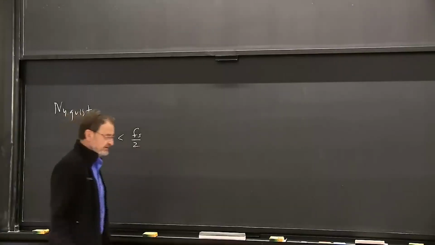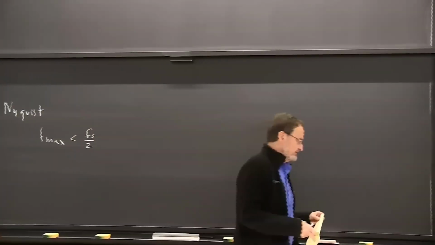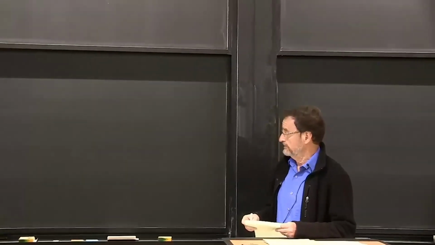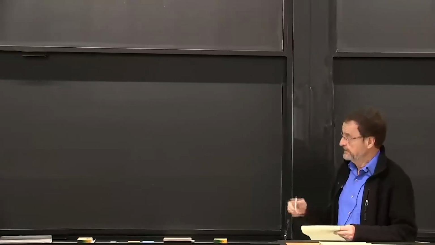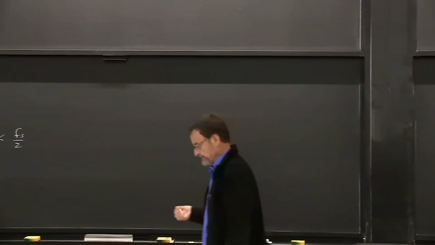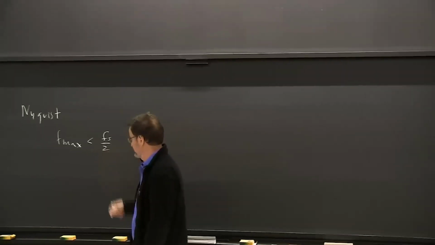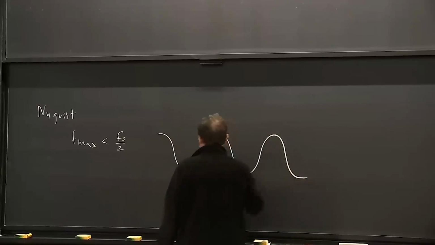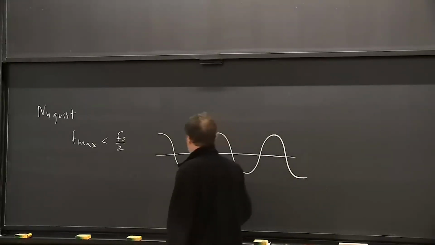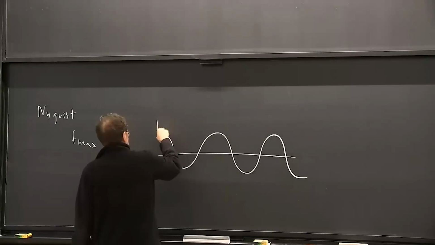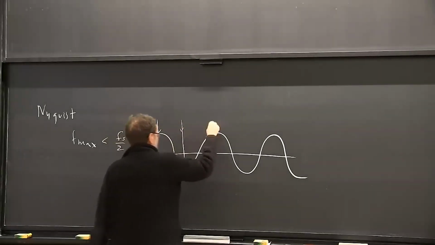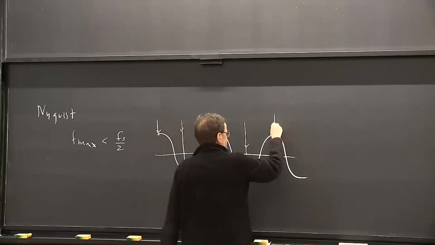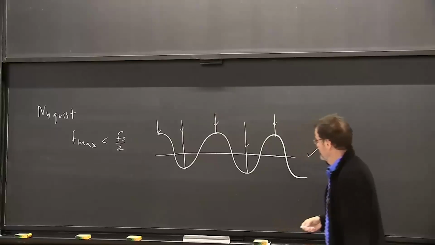And Nyquist and his predecessors showed that the criterion is that we sample fast enough so that the highest frequency component of the signal should have a frequency that is less than fs over 2. We can see why that is. Suppose we sample here and here and here. We seem to get the important part.